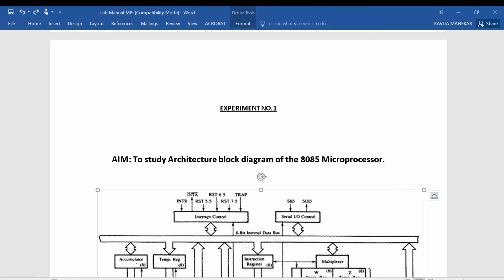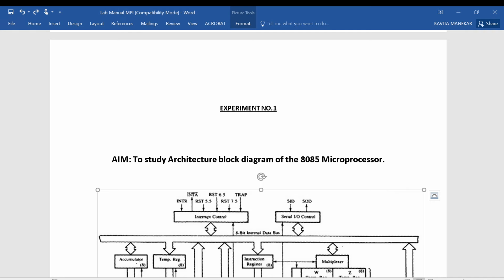Here actually we are transferring the data bit by bit, that is called serial transmission, and the two pins are there, that is serial input data, that is SID, the arrow is inward, and SOD, that is serial output data. So whenever the data is out from the processor, we are going to use the SOD, and whenever the data is in from the IO device to the processor, we are going to use the SID, that is serial input data pin.